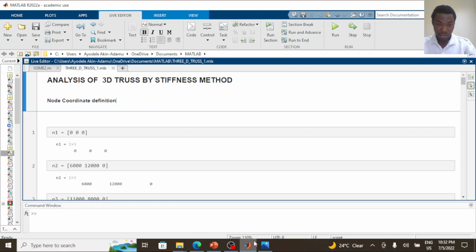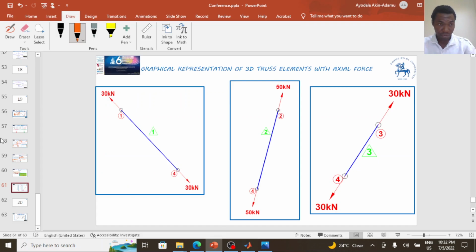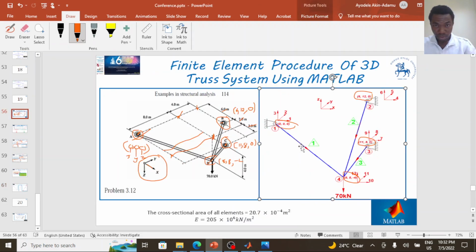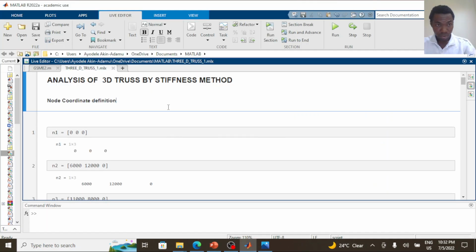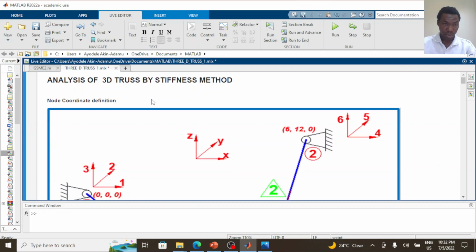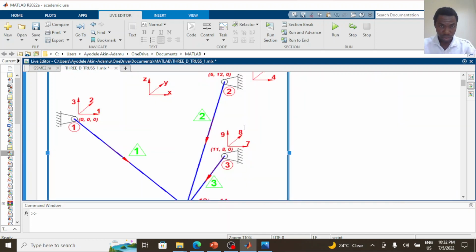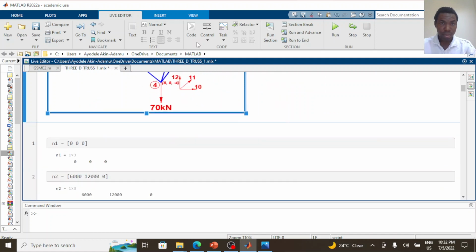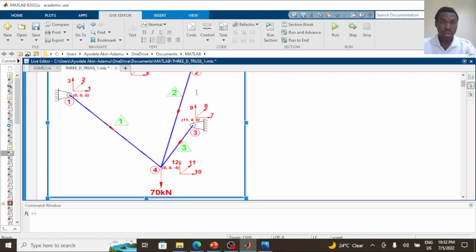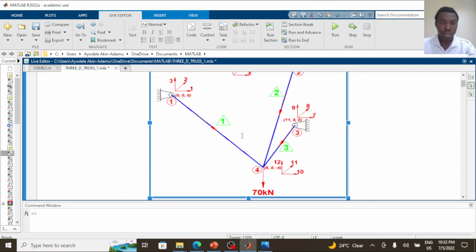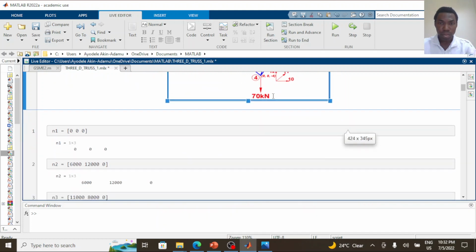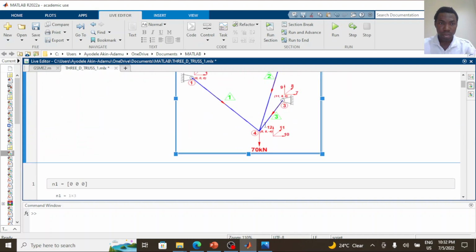Let me copy an image from PowerPoint and bring it closer.